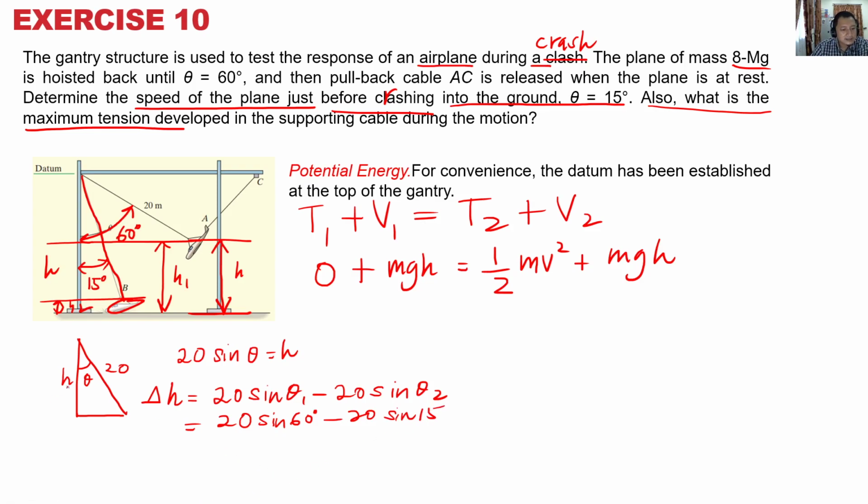Correct? This is the difference in height. If you are confused, I have to draw it again. Let's draw it again.